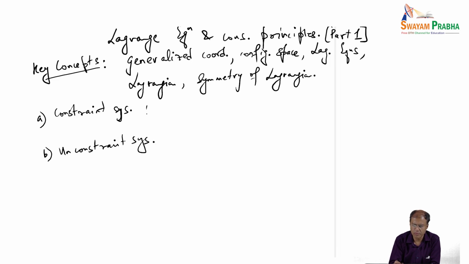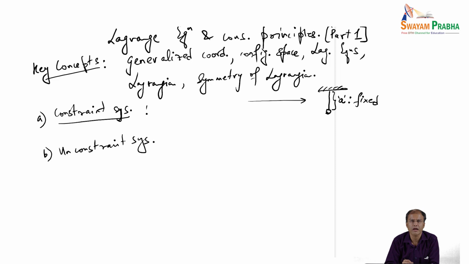A typical example of a constrained system could be the swinging pendulum, because the pendulum is attached to the wall via a fixed rod. So the constraint is the distance of the bob from the wall, which is fixed, let's say A. So this motion is an example of a constrained system.